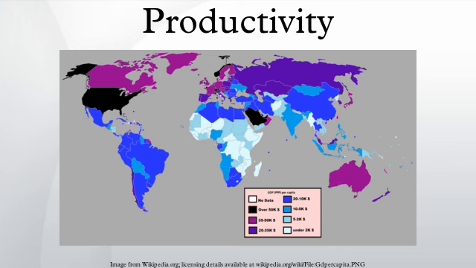Investment is in physical capital: machinery, equipment and buildings. The more capital workers have at their disposal, generally the better they are able to do their jobs, producing more and better quality output. Innovation is the successful exploitation of new ideas.